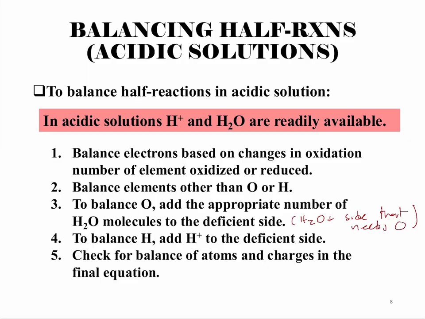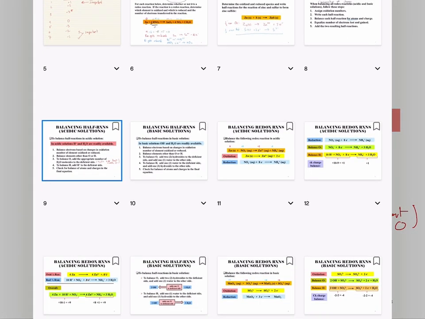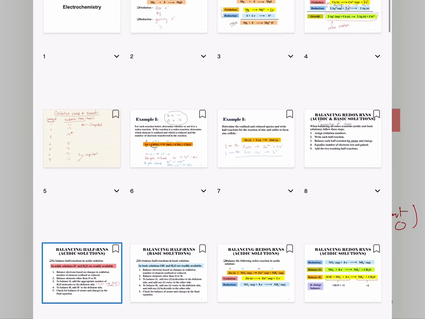So remember when we looked at that example with nitric acid, we had water molecules on one side. Those water molecules are there because we go from nitric acid, which has 3 oxygens per nitric acid, to nitrogen dioxide, which has 2 oxygens per nitrogen dioxide molecule. I'll just quickly jump back to show you what I mean.